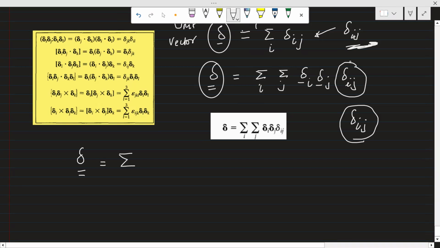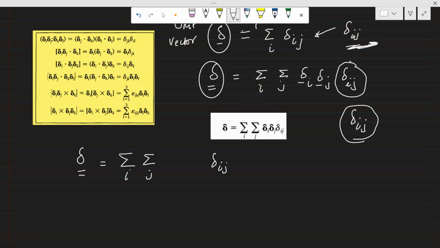So this is delta ij. This is a scalar quantity. This should be a scalar quantity, but this is represented as delta i a vector, delta j a vector.